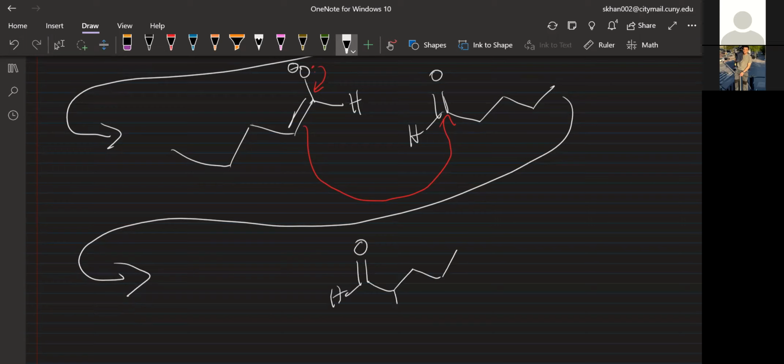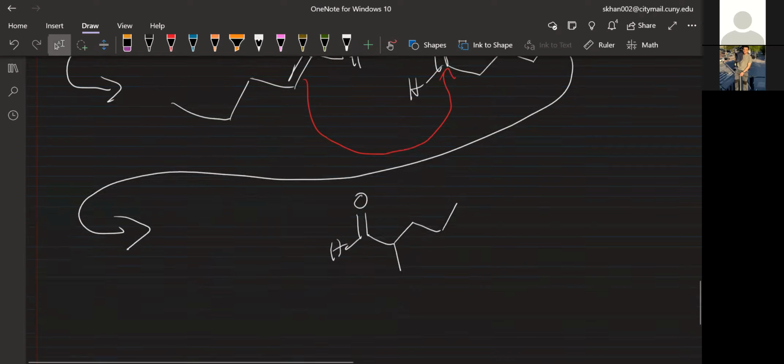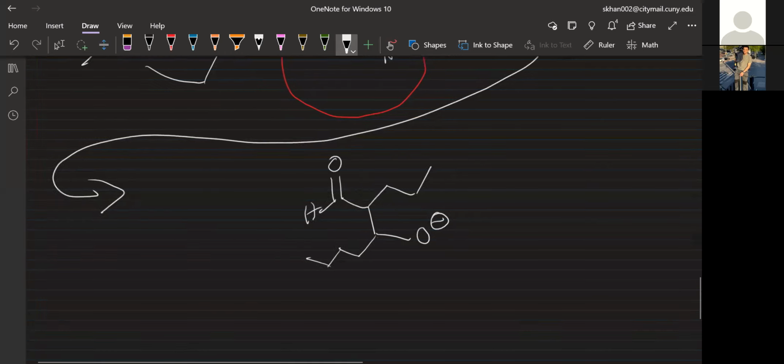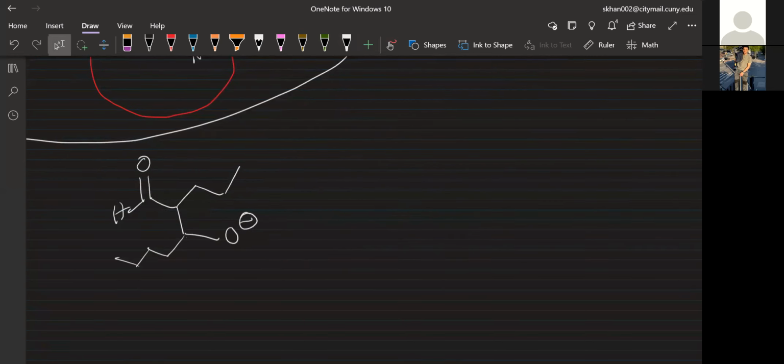We create a bond from carbon 2 to our next carbon. This is just your typical aldol addition part, which we did earlier. At this point I'm not going to do the numbering anymore; you can do it on your own. So 1, 2, 3, 4, 5 and 1, 2, 3, 4, 5. Okay, next step.